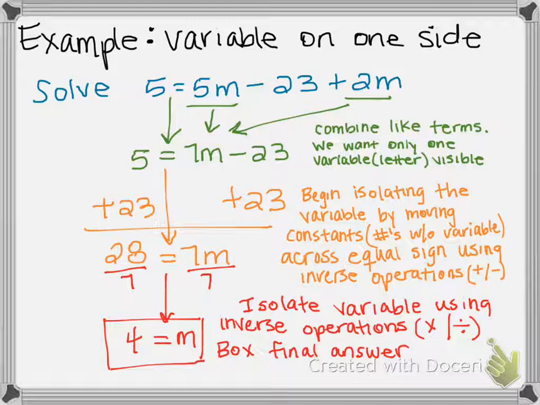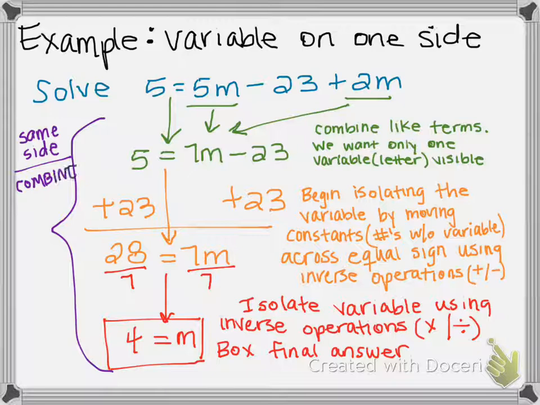I typically get the question, how come in the beginning you added the 5m and 2m together, but then later on you do different things, like you do the opposite or inverse sign? Well, that's because if 2 things are on the same side of the equal sign, it's like they're allies. They're going to combine together.